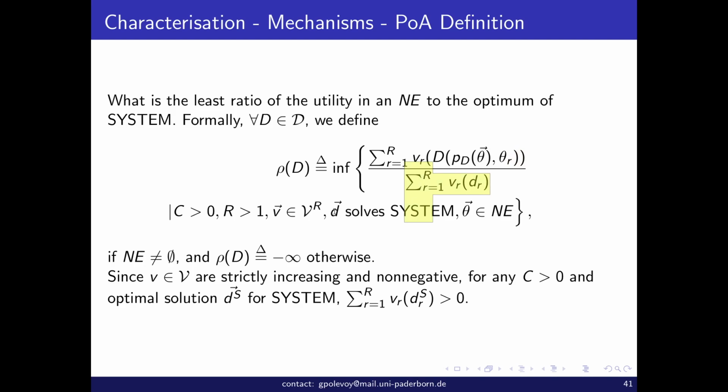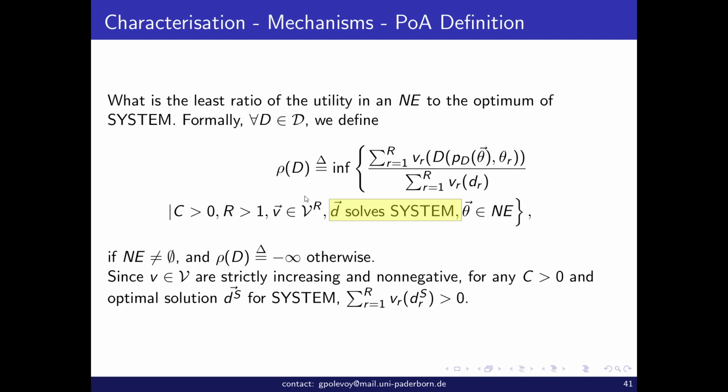Because we look at all the possible solutions for the system, which is simply any allocation, and we look at the worst case, when what you get is the smallest relative to what you could have got.